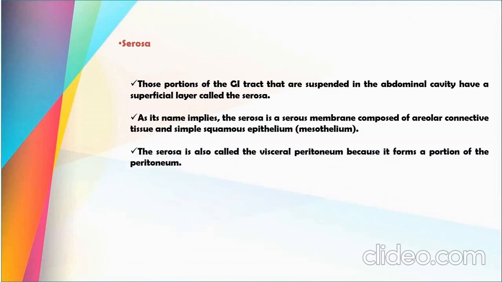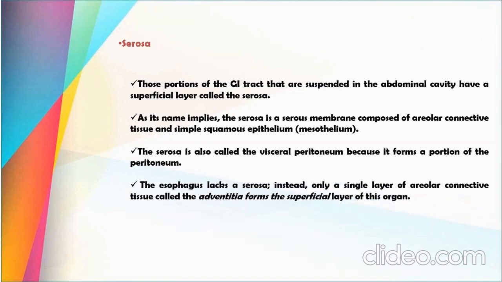The serosa is also called the visceral peritoneum because it forms a portion of the peritoneum. The esophagus lacks a serosa. Instead, only a single layer of areolar connective tissue called the adventitia forms the superficial layer of this organ.